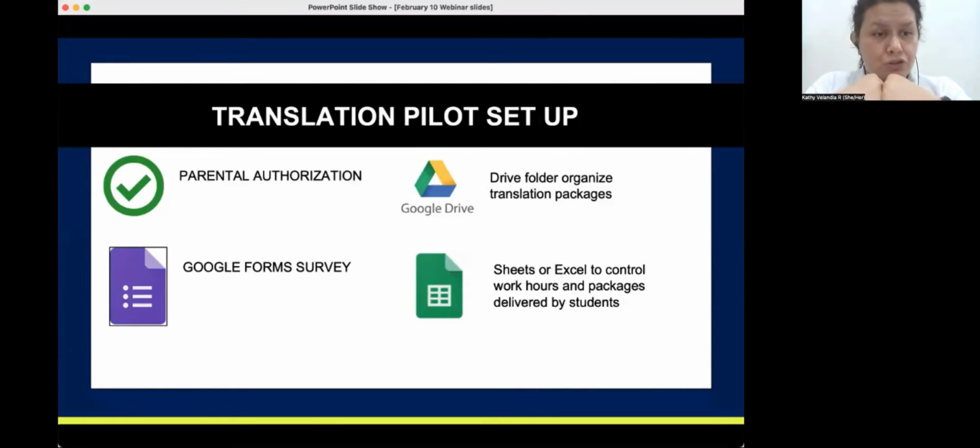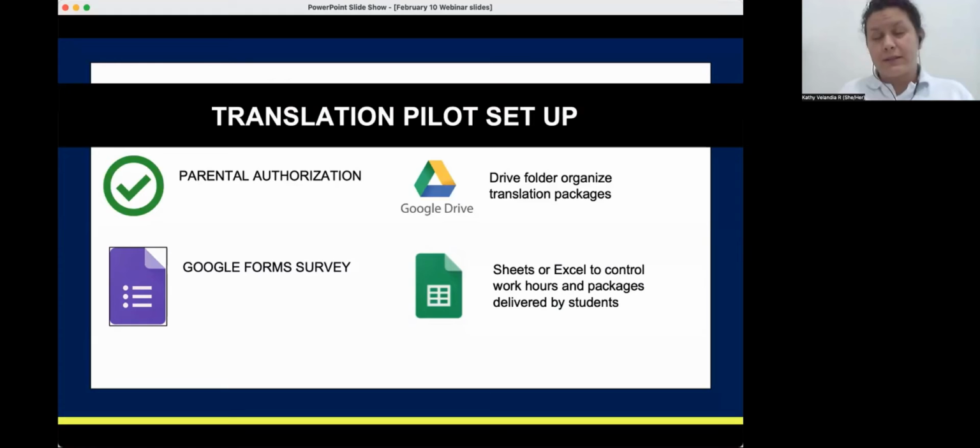Then we had our students, that's the first thing, parental authorization. Then, as you can see on your screens, Google Forms is the tool that we used to have the students answer a survey, because we also thought, and this was Cass's great idea, that it was a great opportunity for us to measure impact on other aspects, stuff that was possibly happening when the students start participating in the translation programs.